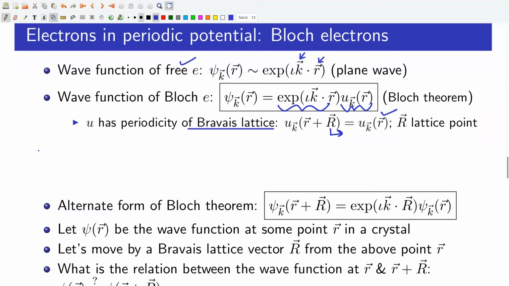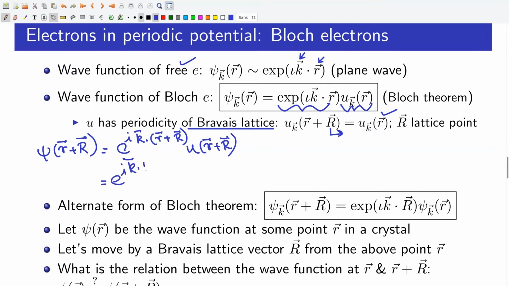Let us try to calculate psi of r plus capital R. This is equal to e power i k dot (r plus capital R) times u of small r plus capital R. We can rewrite this, and since u has the periodicity of the Bravais lattice, we can write it in this form.